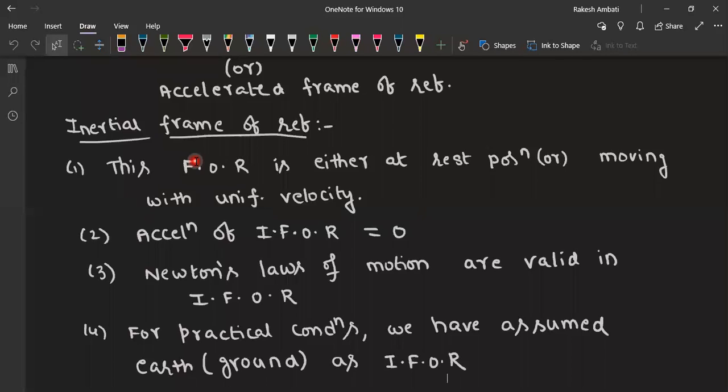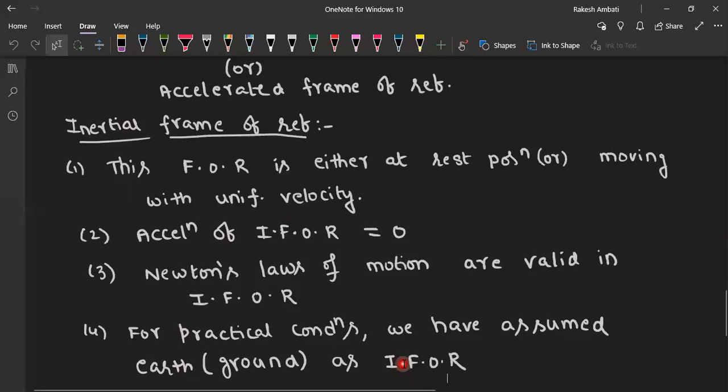We both are rotating in the same sense of direction, so with respect to me you are at rest, and with respect to you I am at rest. Because of this practical condition, we are assuming, not confirming, that earth is an inertial frame of reference.